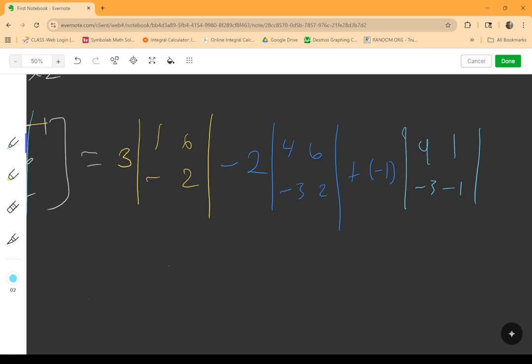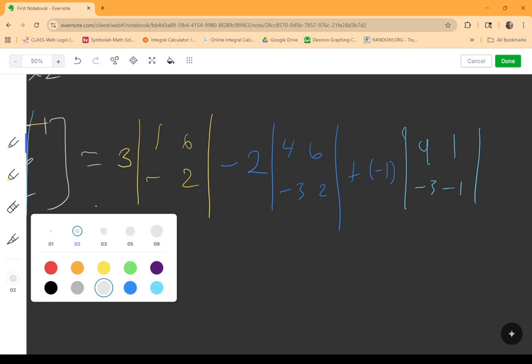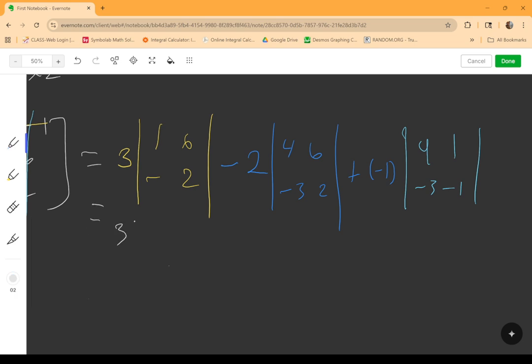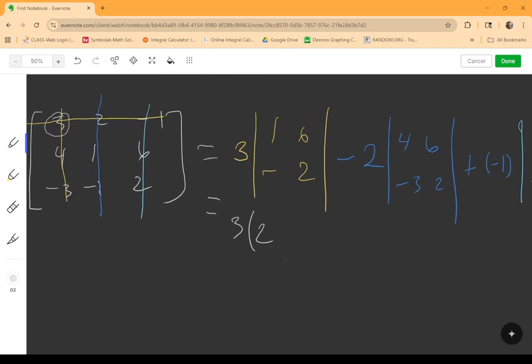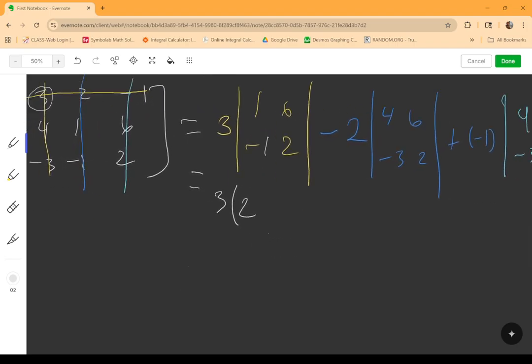Right, so this becomes 3, 2, negative 1 here. So 2 minus a negative 6, so 2 plus 6. And then minus 2. Again, watch your signs as always here. 8 plus 18.